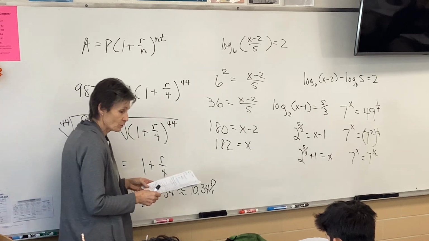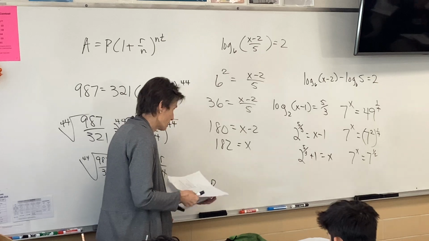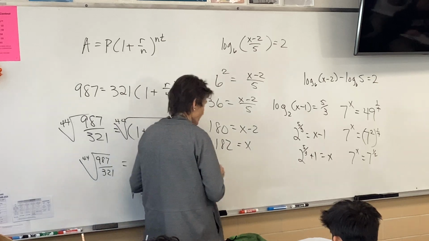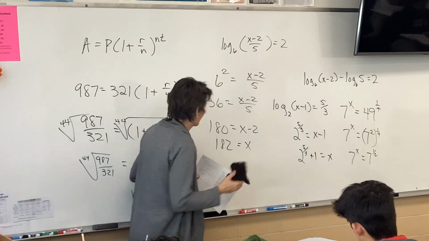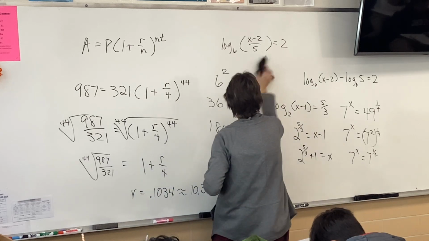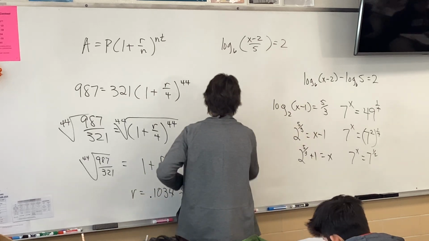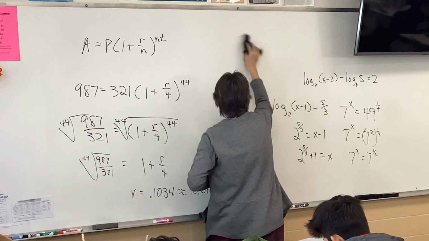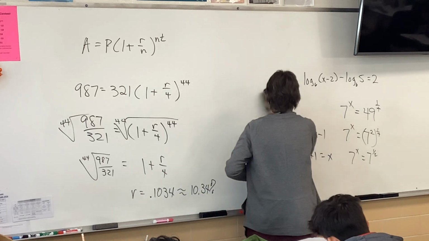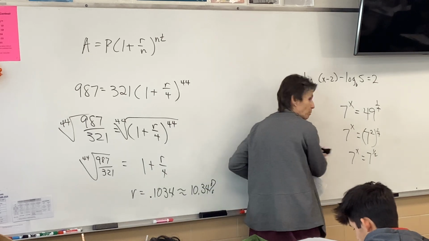Alright, let's look at number 21. What formula do I need for problem 21? Present value, PV. Because what am I doing? Paying off a loan I presently have.